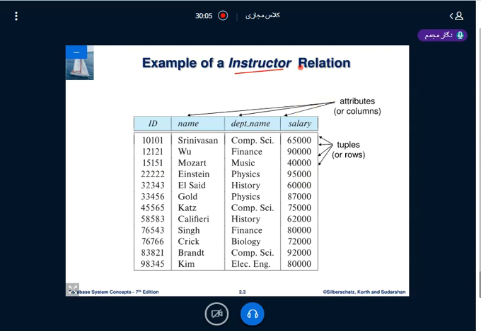We want to show the teacher or instructor data. For example, ID, name, department name, and salary. For example, a professor with ID 12121. His name is Wu, and he works in the finance department, and his salary is 90,000. This is our data.